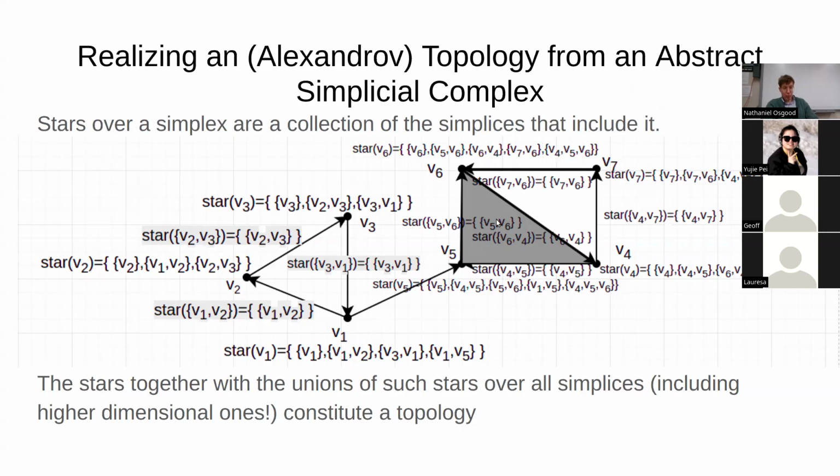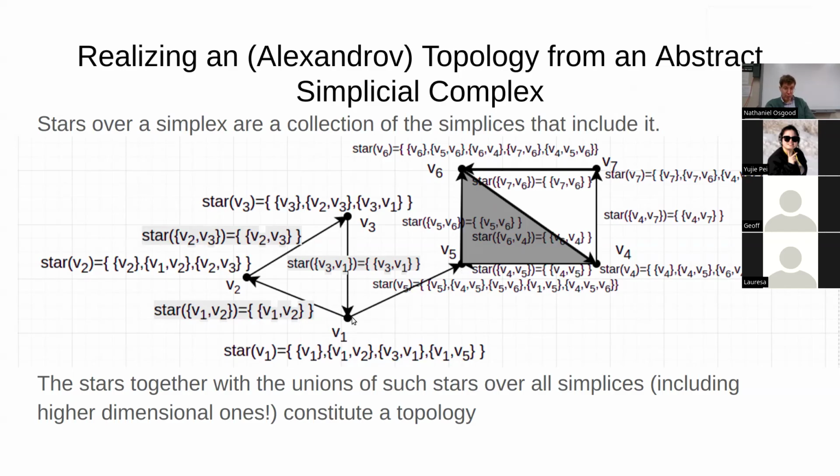And we take over each of them what's called the star of it. The star gives, for a given simplex, a set, and that set consists of, as its elements, all simplices that include the simplex with which you've started.